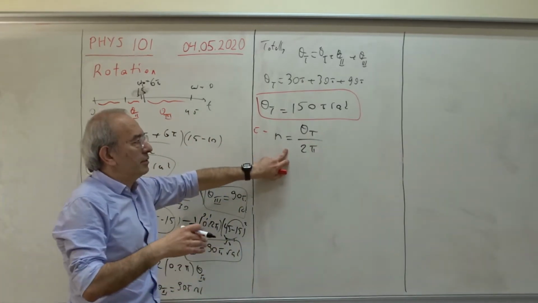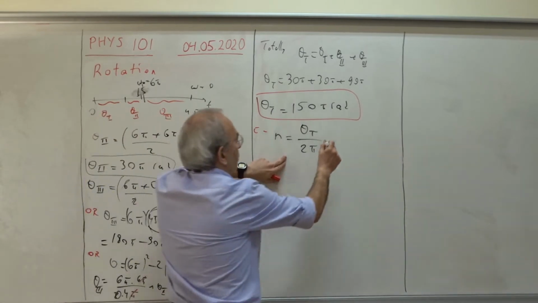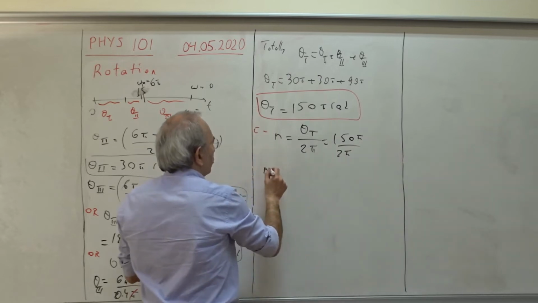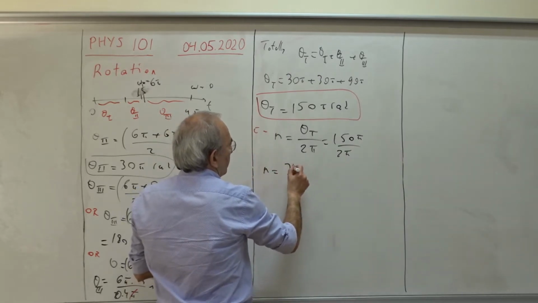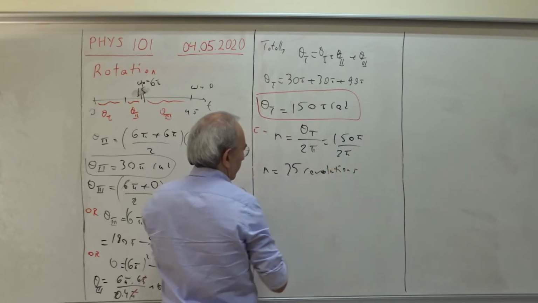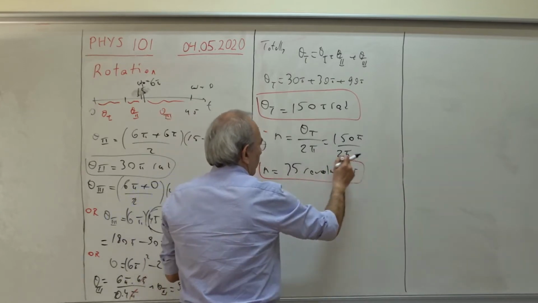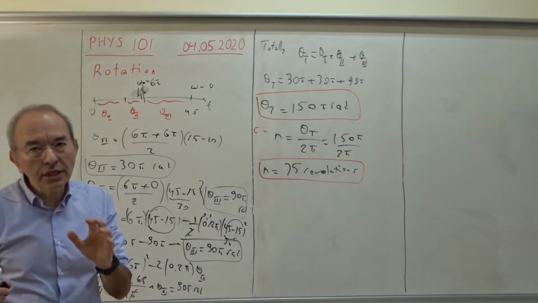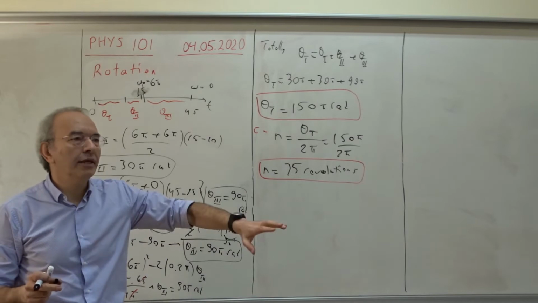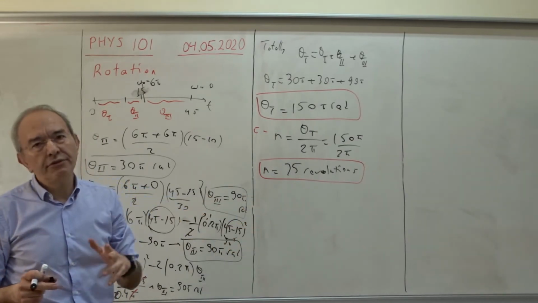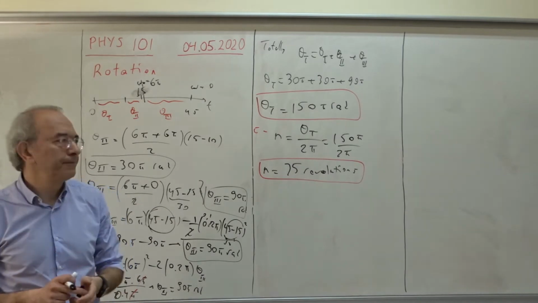So it makes 75 revolutions. 150 pi divided by 2 pi, so n turns out to be 75 revolutions or 75 turns. At different rates, but totally from the beginning until the 45th second, it makes totally 75 full revolutions.